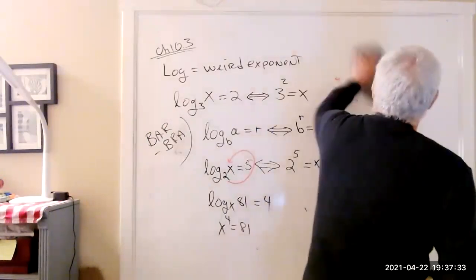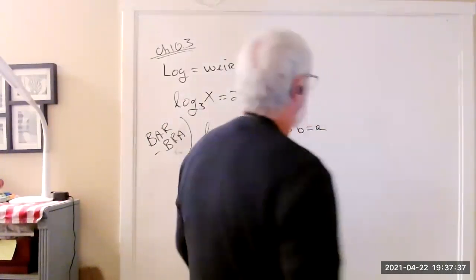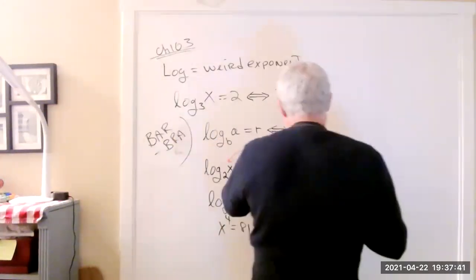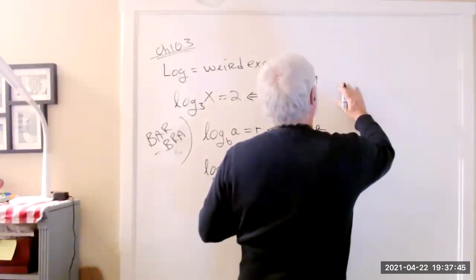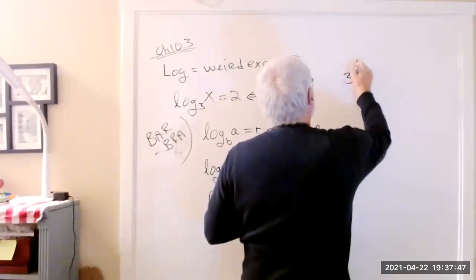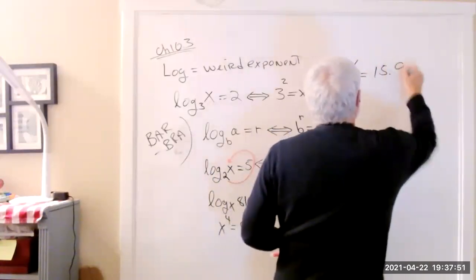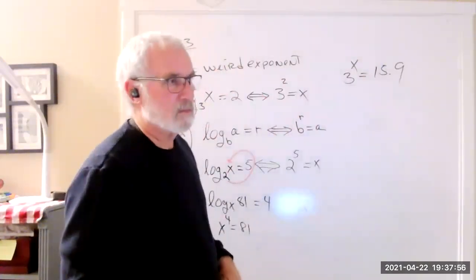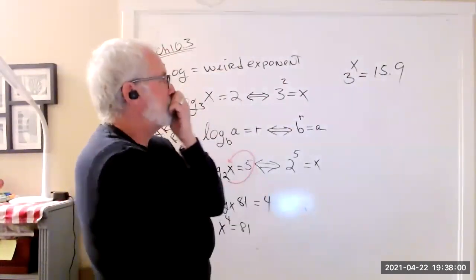So what if I gave you 3 to the x equals 15.9. 3 to the x power equals 15.9.